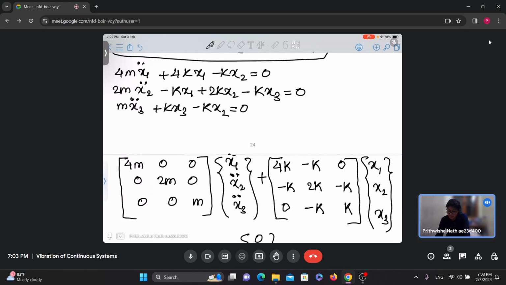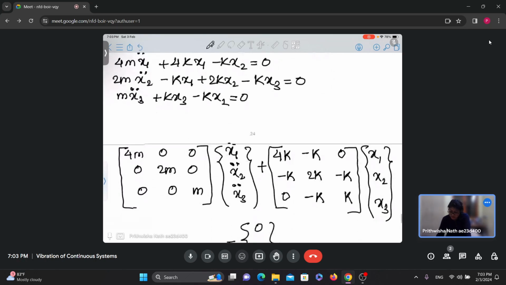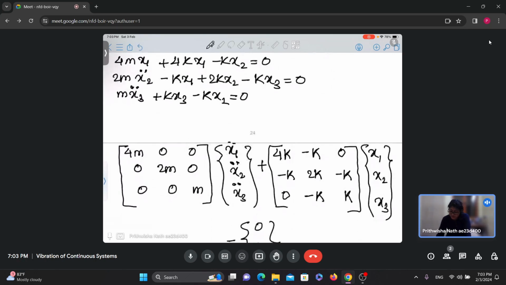For the second equation, the coefficient for x2 double dot is 2m, and the other two coefficients, for x1 and x3 double dot, are 0. So I put 0 in those places. And from the third equation we can see that the coefficient for x3 double dot is m, and for the other two it's 0.